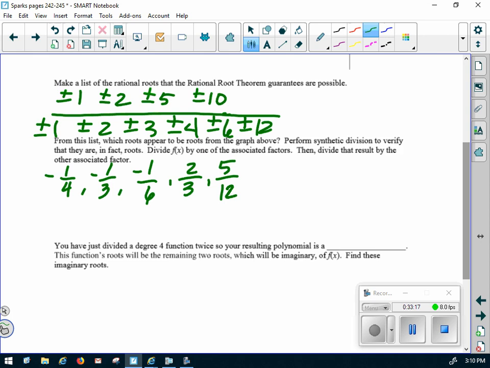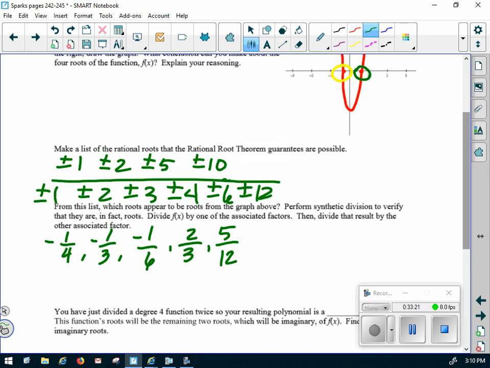5/12. Could it be 5/12? I'm going to disagree. Why do I think it cannot be 5/12? Because more than a half. More than a half, so I'm going to veto that one. No, because we're on the positive side of it.